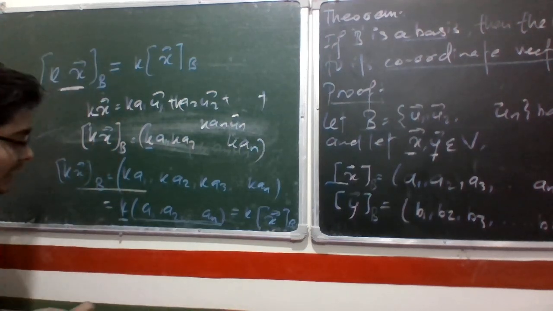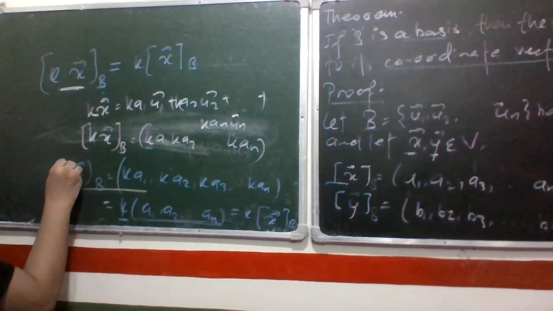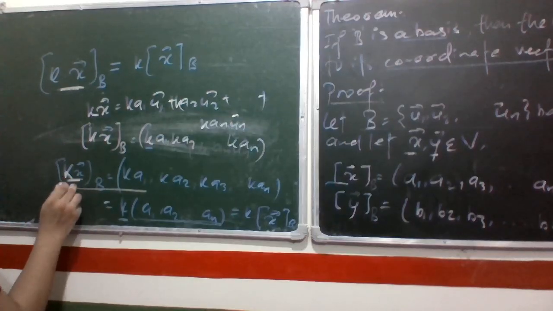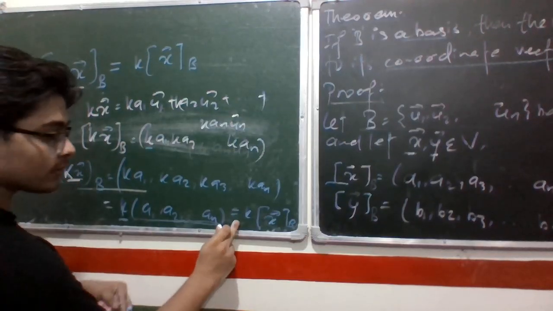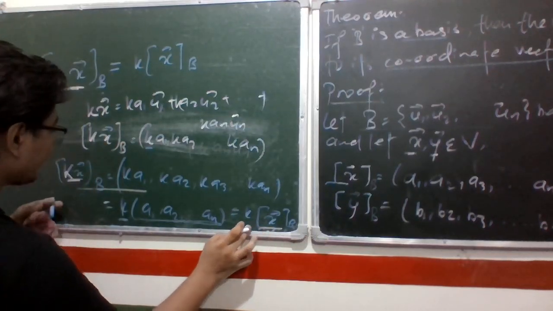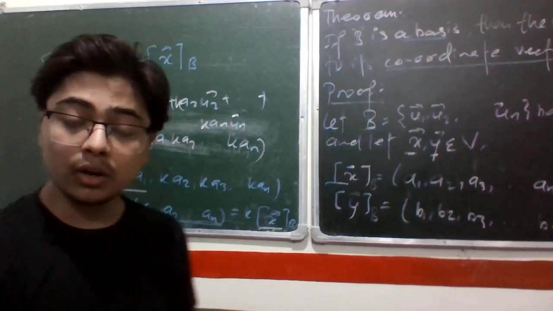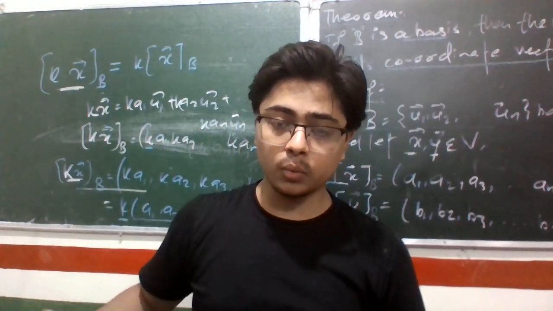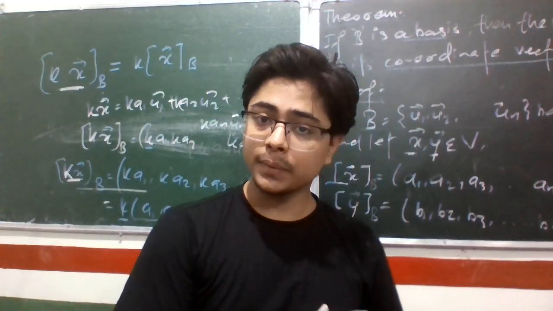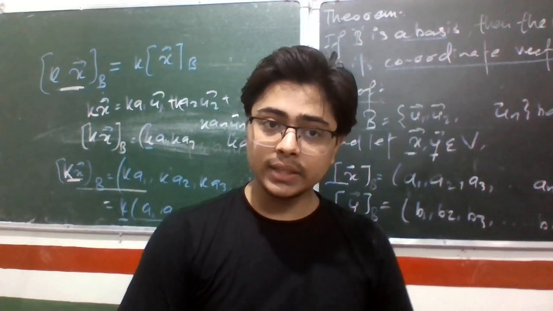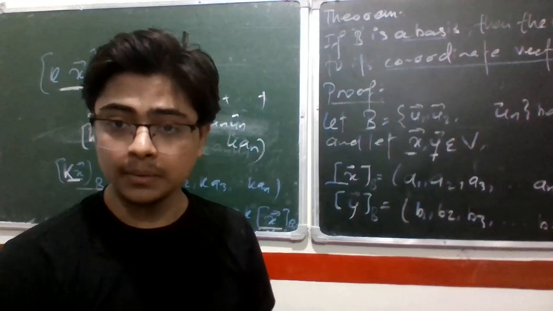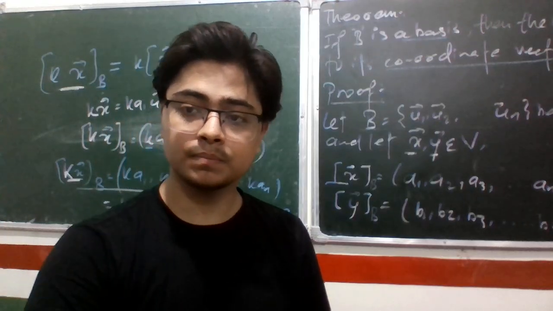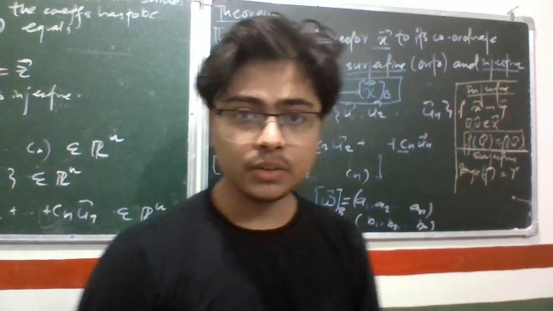Now since k was inside the coordinate vector and k is outside of it now, and both are equal, that means it also follows a linear mapping. That's why by these two constraints, one is the addition constraint and one is the multiplier constraint, we can say that this mapping is indeed a linear mapping. Okay, let's see another theorem.